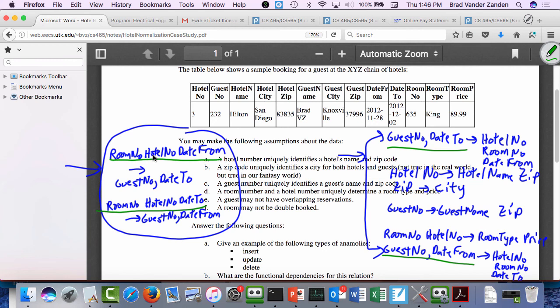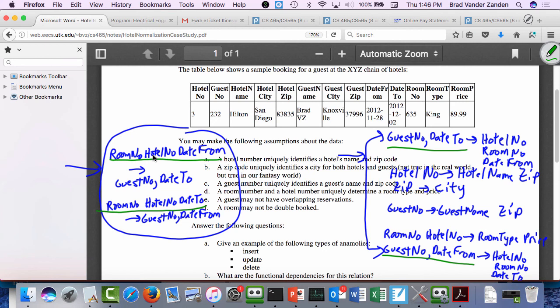It's very important to know what your primary key is when you do the decomposition because, as you saw earlier, the second normal form will be different depending on the primary key you choose. The third normal form, as we said, all roads lead to Rome, will be the same, but the second normal form will be different.